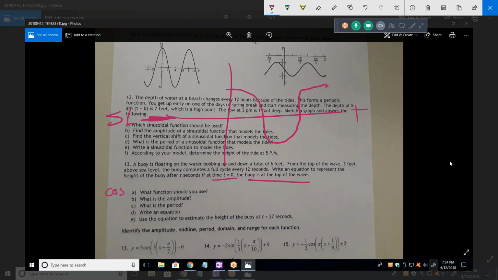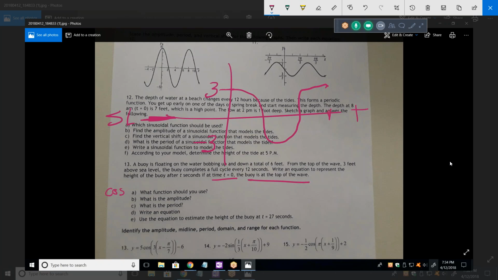And they're saying that when the buoy is at the peak, it's at 3 feet. When the buoy is at the base, it's got to be minus 3 feet. That's a difference of 6 feet between the top and the bottom that the buoy bobs up and down between. So this picture that I've drawn is relatively accurate.